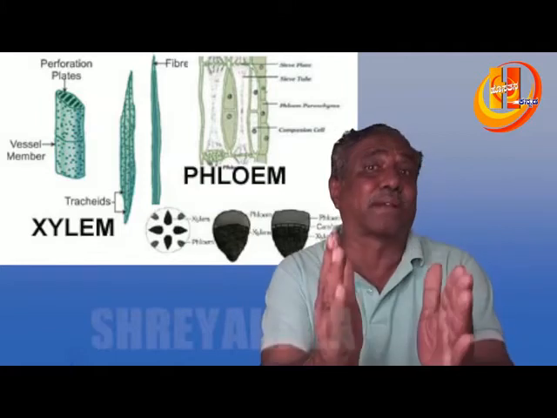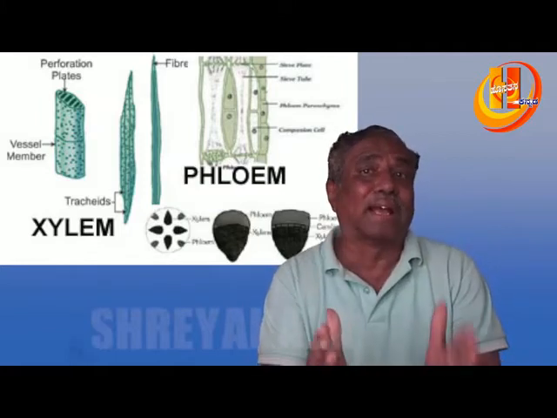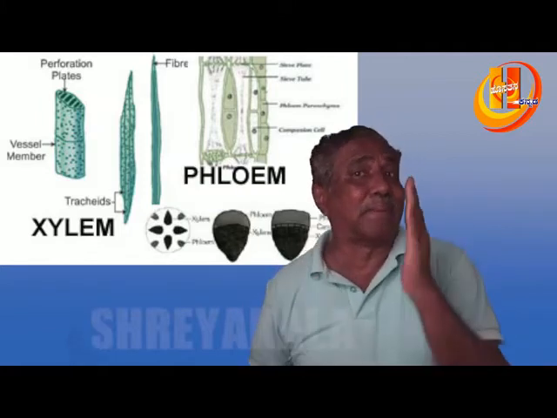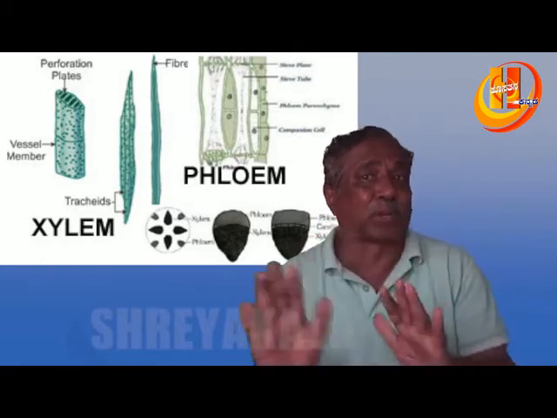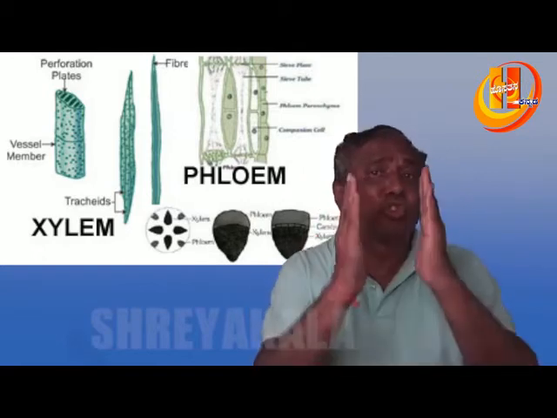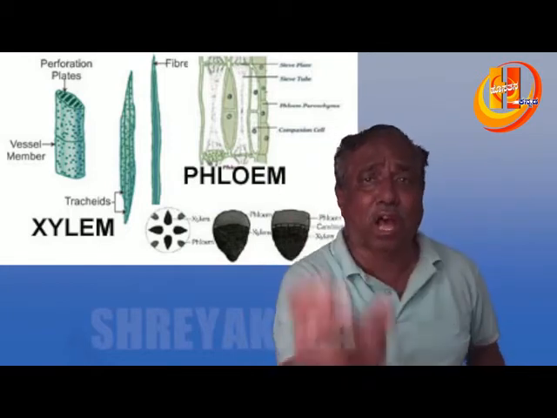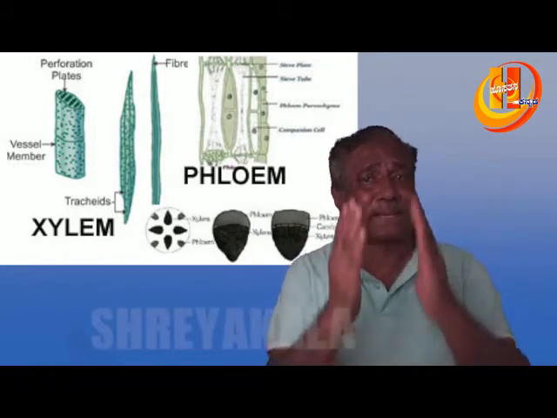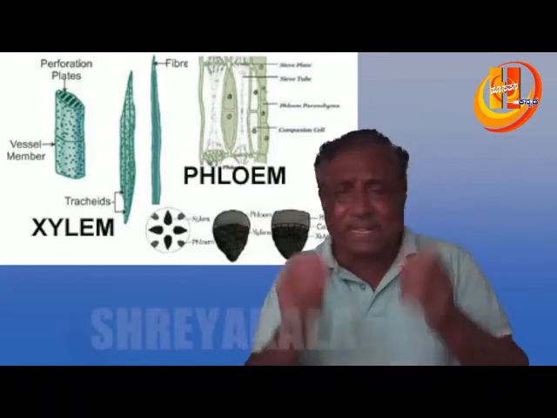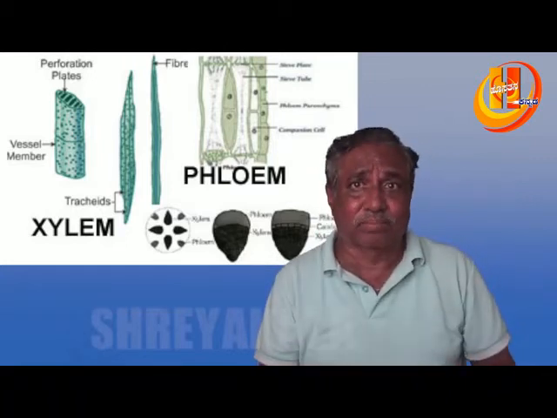Cytoplasm chiefly consists of sucrose, P proteins, and amino acids, that is P proteins, nothing but phloem proteins. Sucrose is the chemical composition of the phloem sap, that is the cytoplasm of the phloem. That is very, very important.